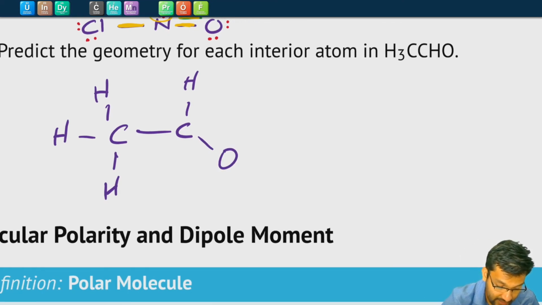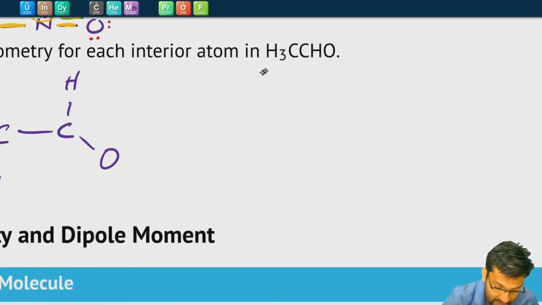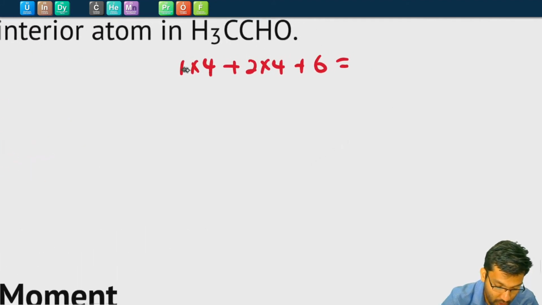Let's count valence electrons. We have 1 from each hydrogen, and there's 3 plus 1, there's 4 hydrogens. There's 4 from the carbons, and there's 2 carbons, and there's 6 from the oxygen. All right, what do we have? 4 plus 8 is 12, plus 6 is 18 electrons.